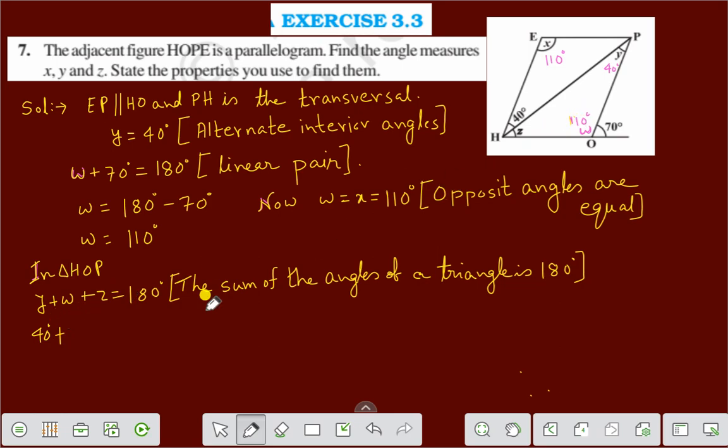The value of W is 110 degrees, plus Z is equal to 180 degrees.